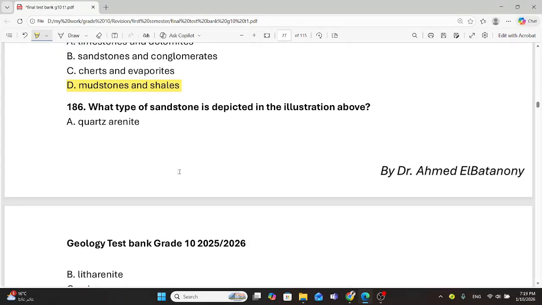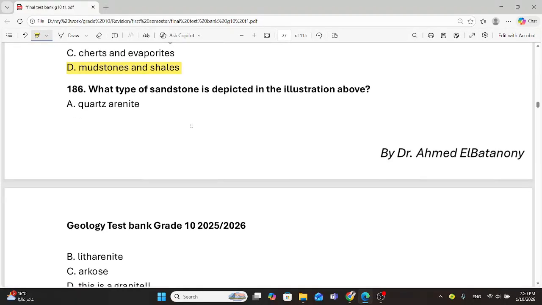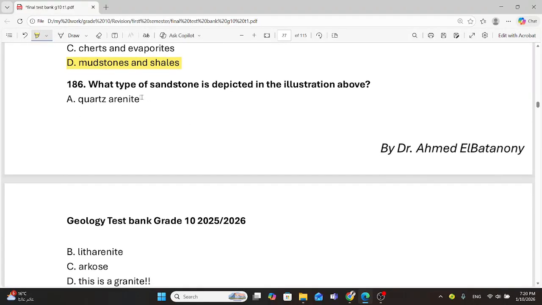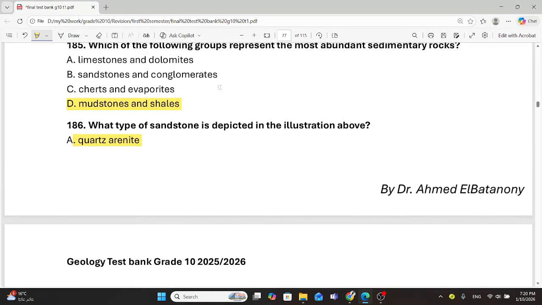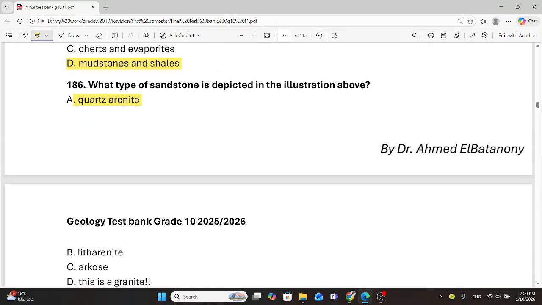What type of sandstone is shown in the illustration above? Quartz arenite.